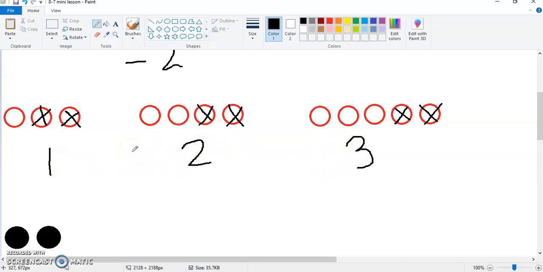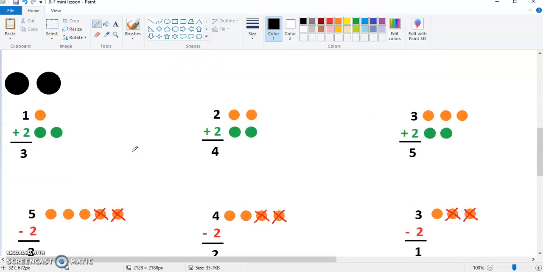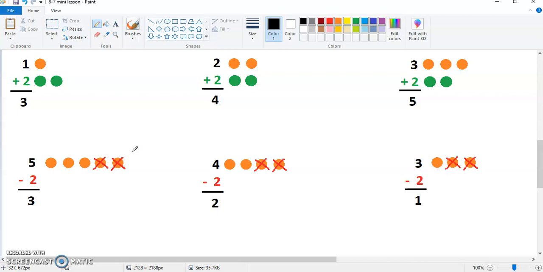Okay, here we go. Let's go ahead and look at your page. So at the top of your math page, you have these problems. So the pattern is plus 2. We see that because look, 1 plus 2, there's our pattern. 2 plus 2, there's our pattern. 3 plus 2, there's our pattern.